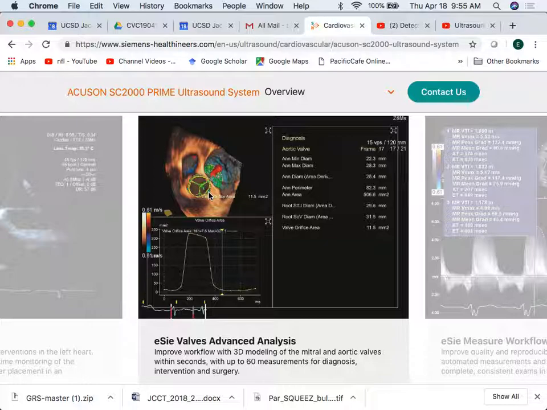So the prosthetic valves come in different sizes, say 23 millimeter diameter up to 29 or 31 millimeters in diameter. You have them on your shelf. Before you open the package, which is $10,000 or something, make sure you get the right one and put that in so that it stays. It's not a huge deal if it's the wrong size. You just take it out and get the next one. But you would try and get the right one on the first try.